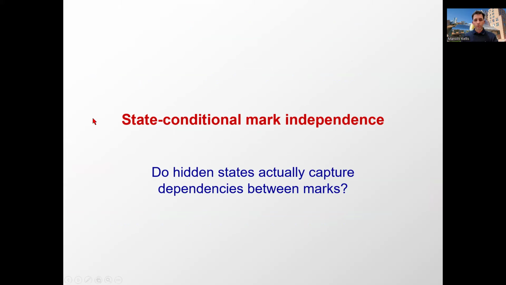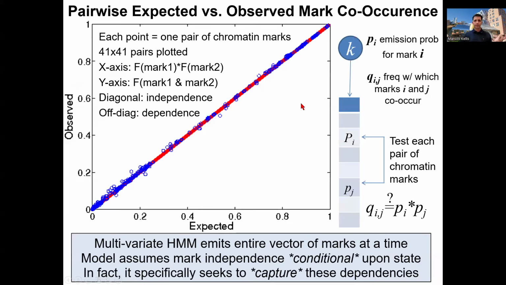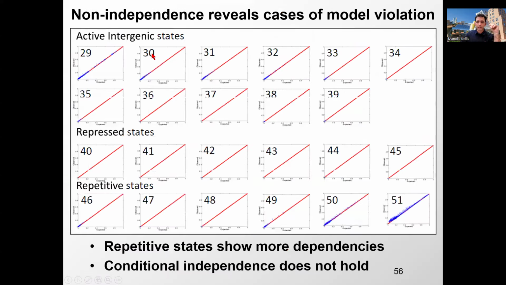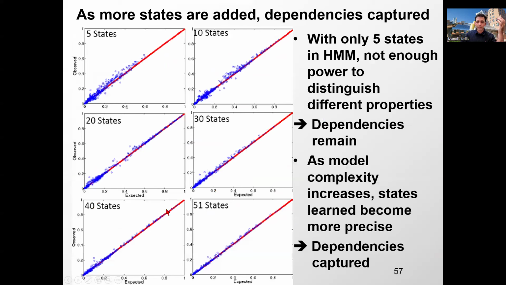One way that you can use is to ask, is there some kind of mark independence that becomes visible when we have more states? In particular, you can ask, what is the co-occurrence frequency of pairs of marks within a state if I have 2 states or 4 states or 10 states or 100 states? And what we found is that as you increase the number of states, the deviation from expectation decreases.